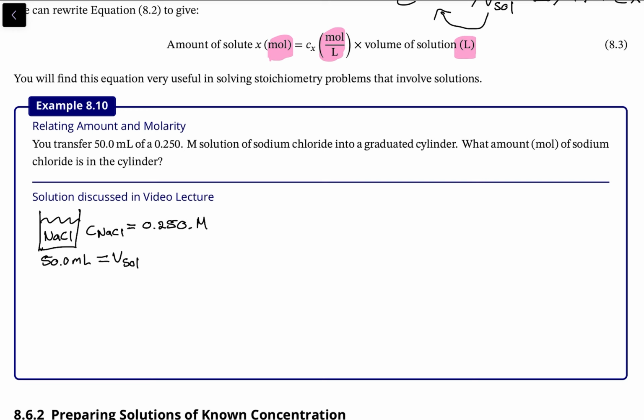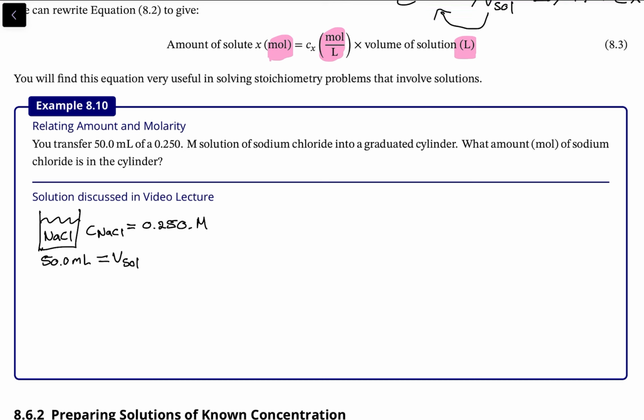Meaning that you take that amount from something like that and you put it in some sort of cylinder. So maybe there's a big solution, like a 20-liter solution, and you take 50 milliliters of that solution, which has this concentration.